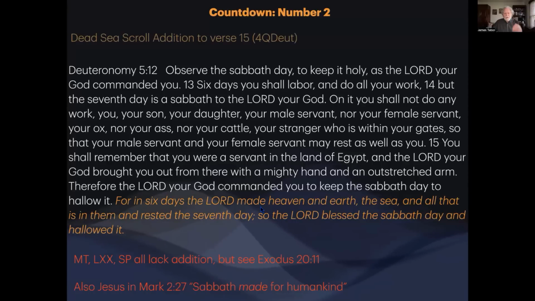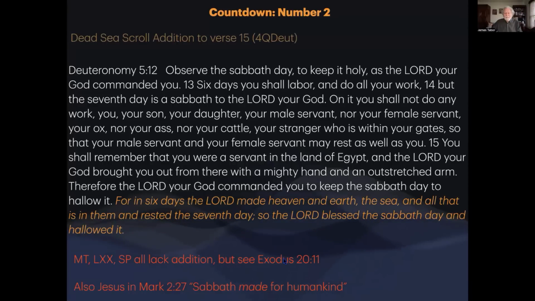Did his Deuteronomy scroll have this addition where he could say the Sabbath is made for humankind? And here it is. 6 days the Lord made heaven and earth, rested on the seventh. Therefore he blessed it as the Sabbath day and hallowed it, made it holy. I think it's very possible.